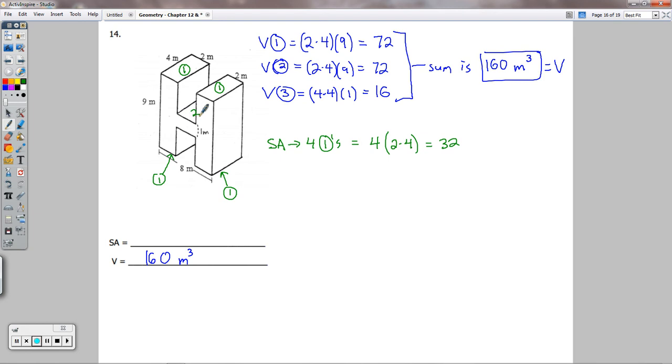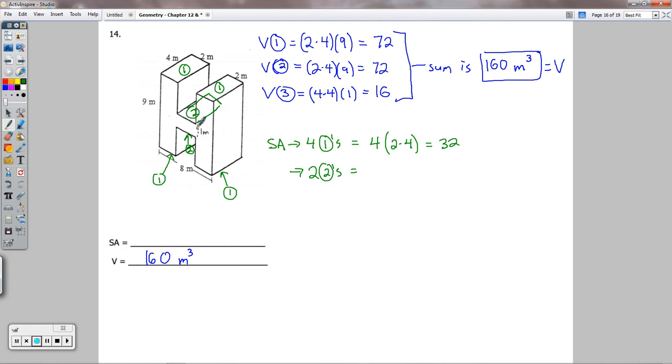Now we're also going to have shape 2 here. This is going to go all the way back to here. And you'd have another shape 2 under there. So there's 2 of those. I don't see any others of those. This one is going to be a 4 by 4.